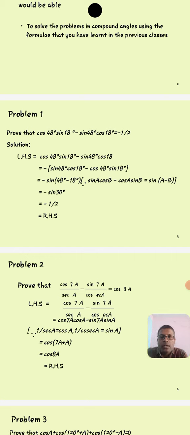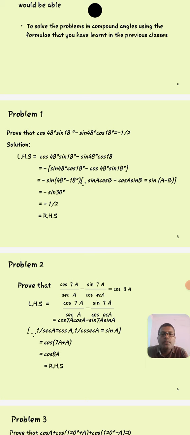Here you observe, prove that cos 48 degrees into sine 18 degrees minus sine 48 degrees into cos 18 degrees is equal to minus 1 by 2. When we see this one, we take the minus outside and get sine 48 into cos 18 minus cos 48 into sine 18. What is the suitable formula?